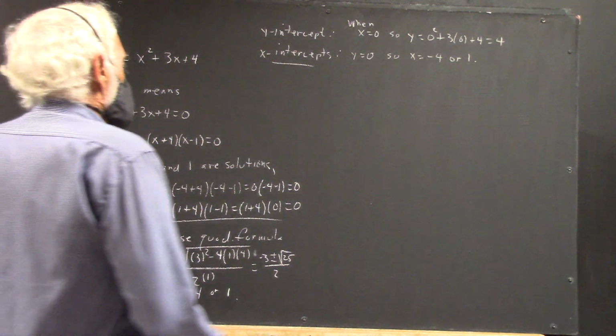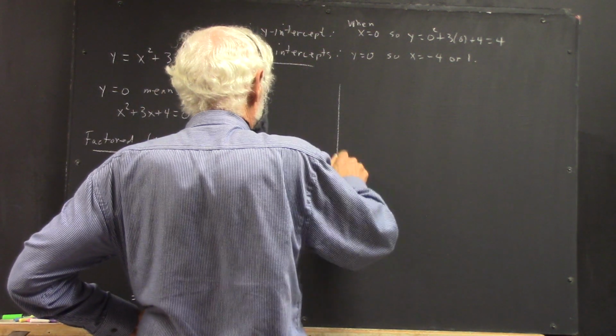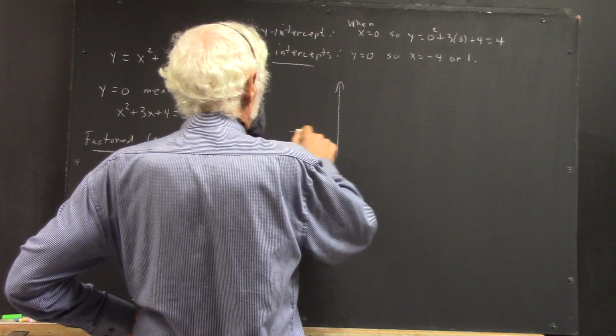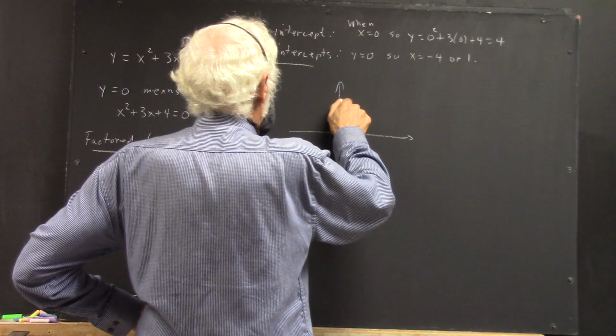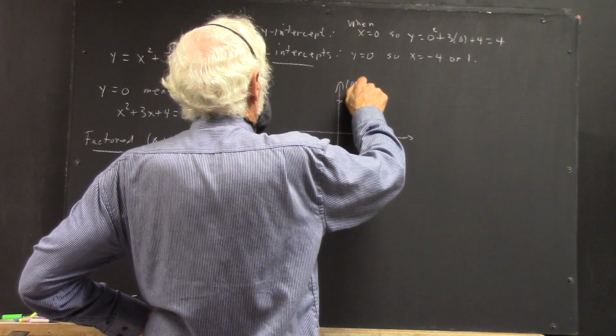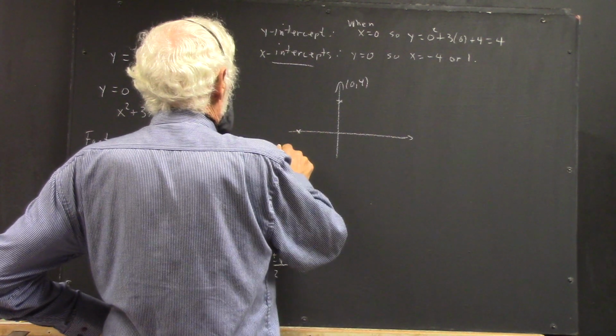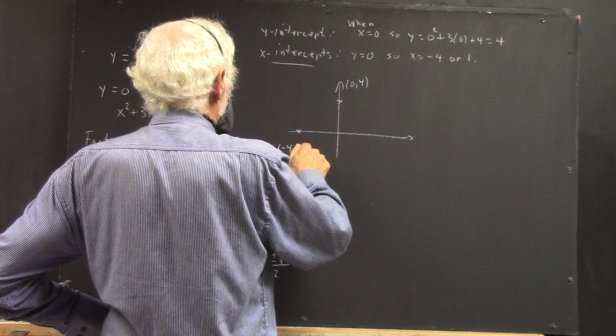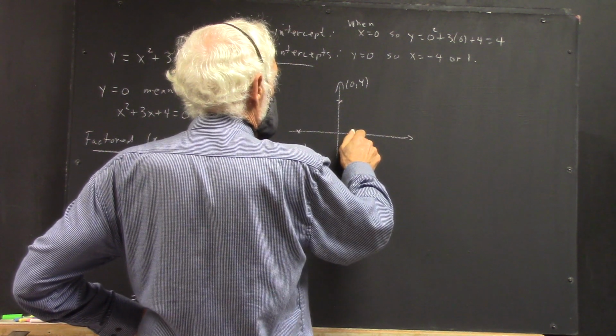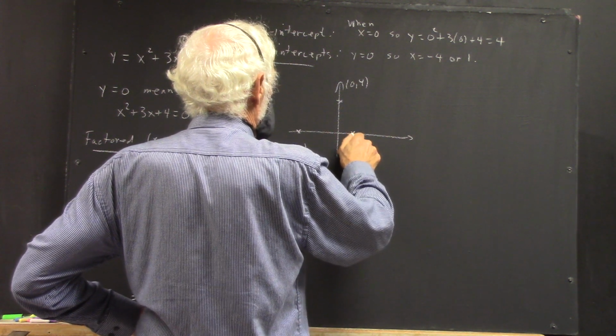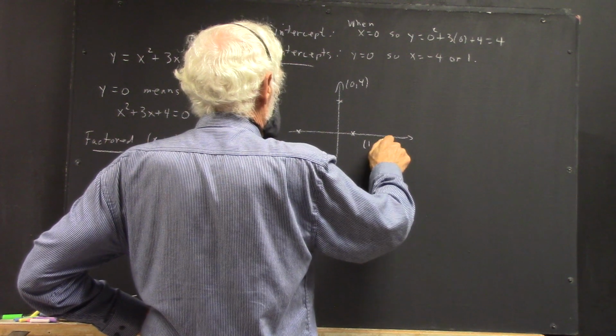Meaning that your graph passes through the point 0, 4, through the point negative 4, 0, and through the point 1, 0.